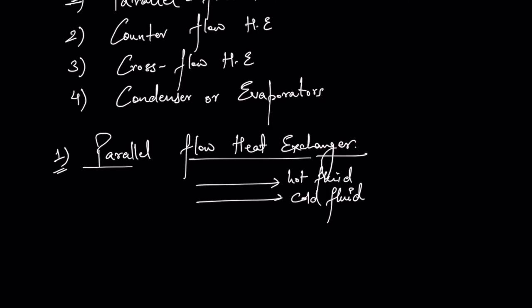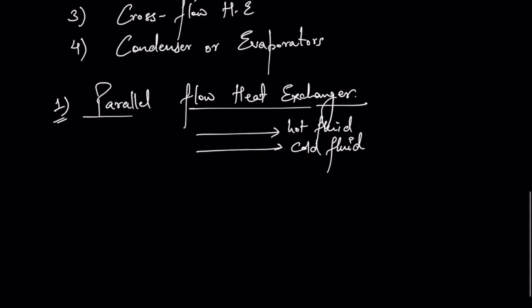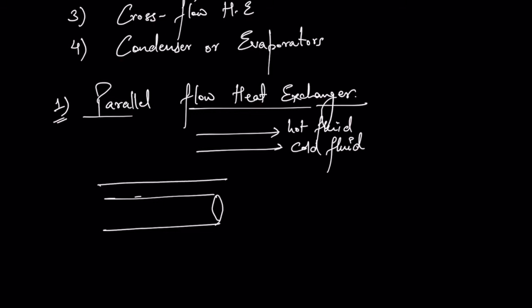If we have to draw the figure, suppose this is a double pipe with an outer annular ring here.